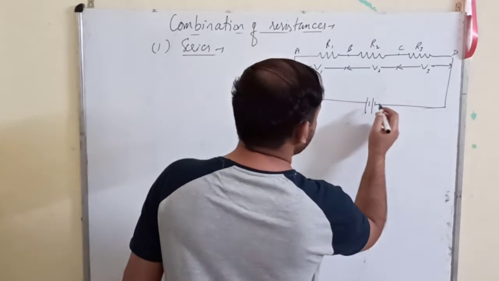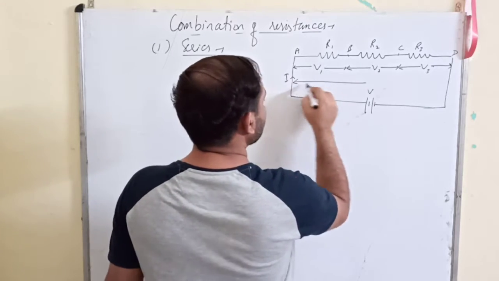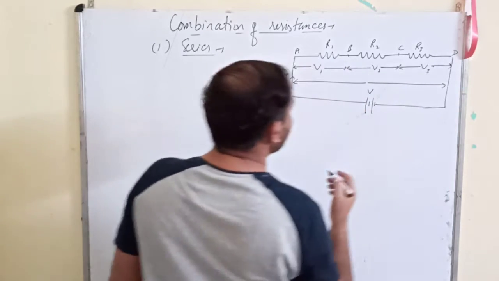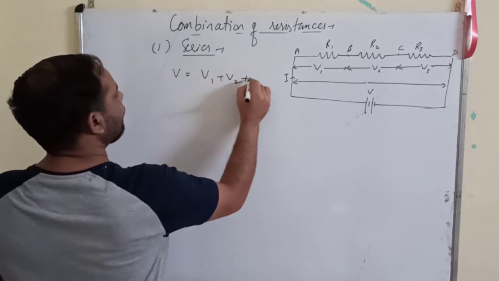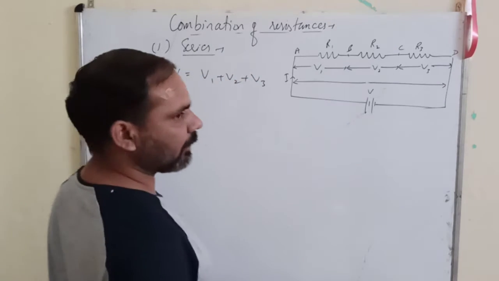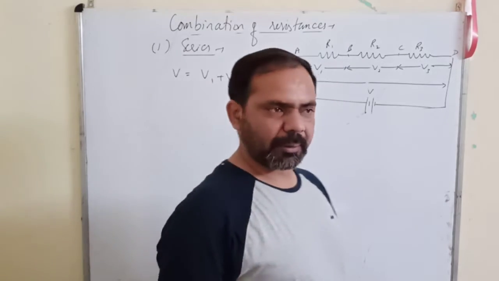Let us suppose that the potential difference applied by the battery through the whole circuit is V, then V is equal to V1 plus V2 plus V3. Algebraic addition, because V is a scalar quantity.